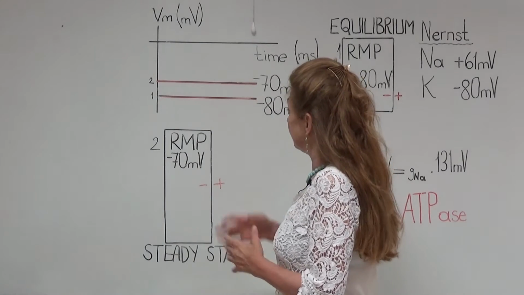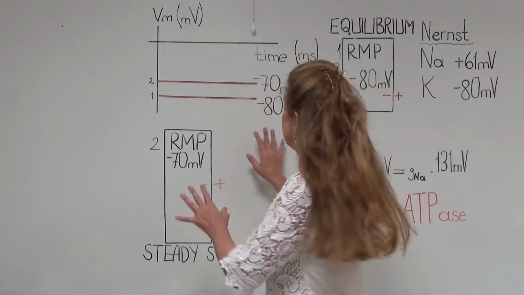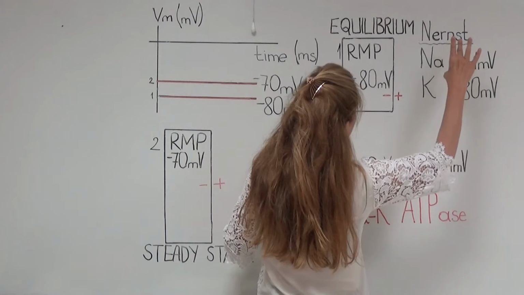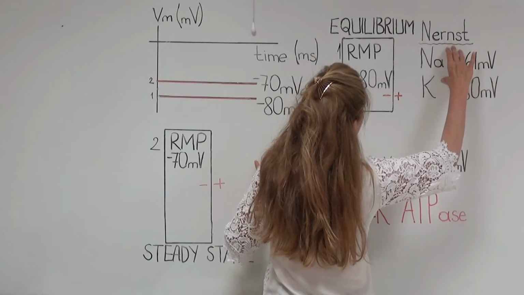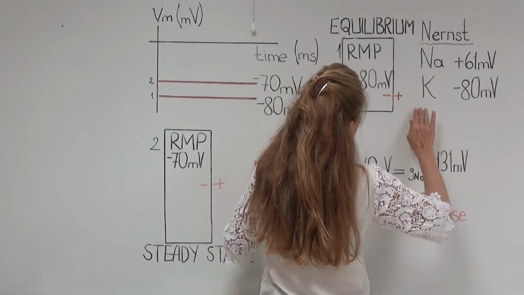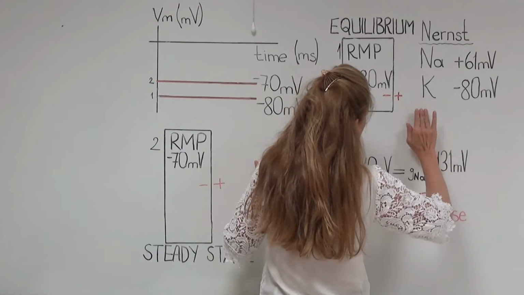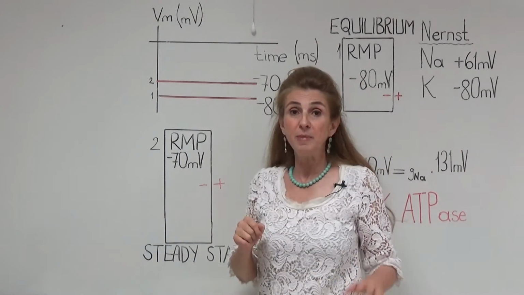We know that there are some open channels in these cells, and if you remember from that video, the Nernst potential of sodium is +61, and the Nernst potential of potassium is -80 millivolts.